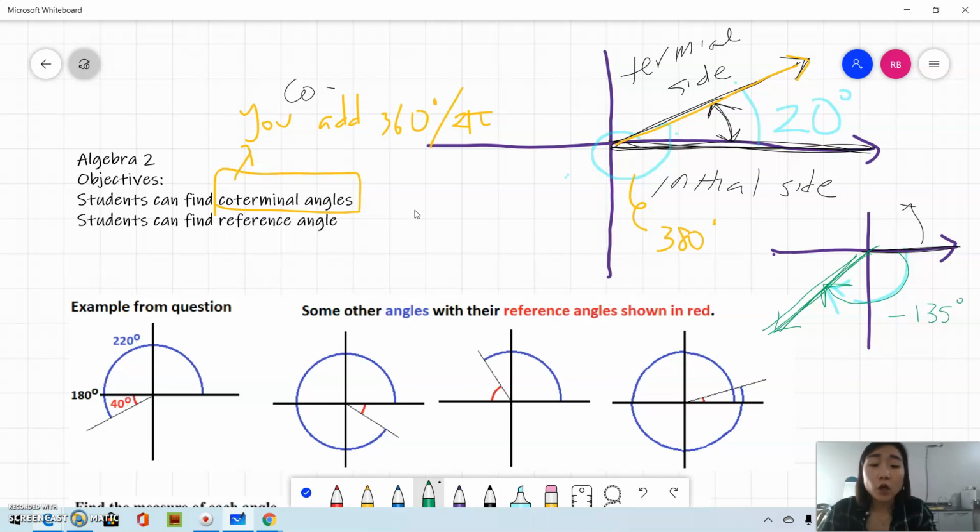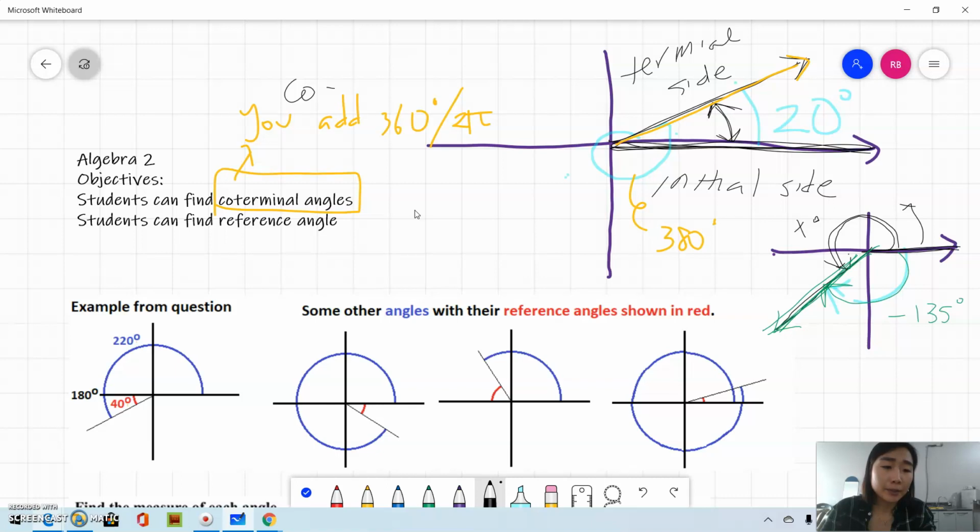But a negative angle also has a coterminal angle that is positive. Think about it, guys. If my angle actually started from here and ended here, it would still share the same terminal side. It's just that my angle will be positive. Do you remember how I said you just add 360 to get another coterminal angle? Look at this. I'm making a complete circle with this unknown angle x that is a coterminal angle to negative 135 degrees.